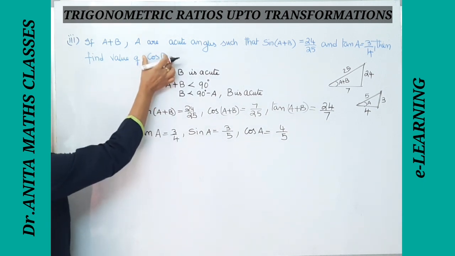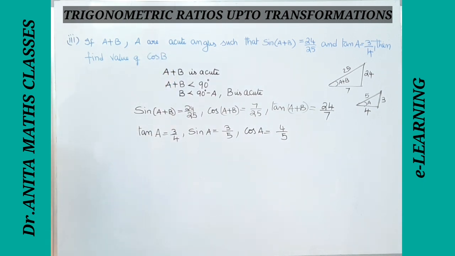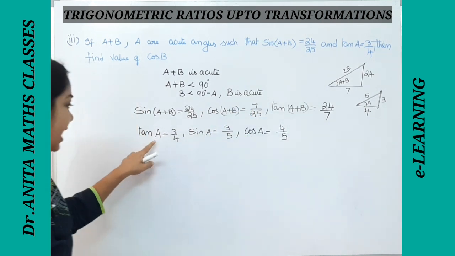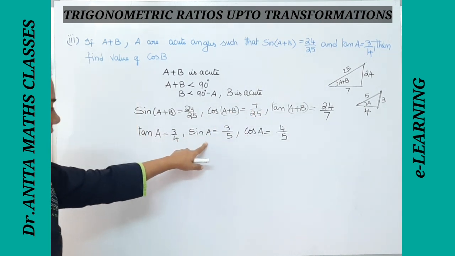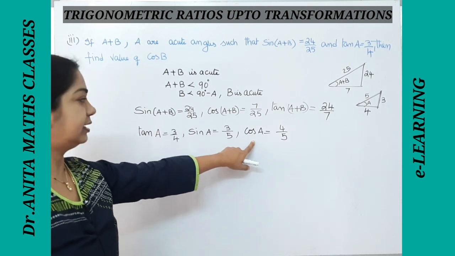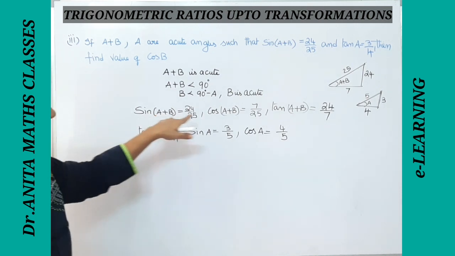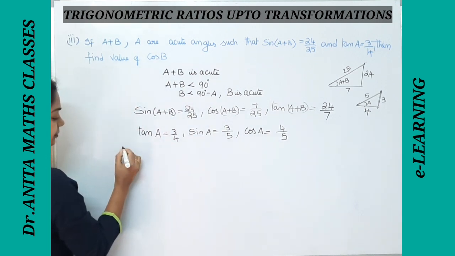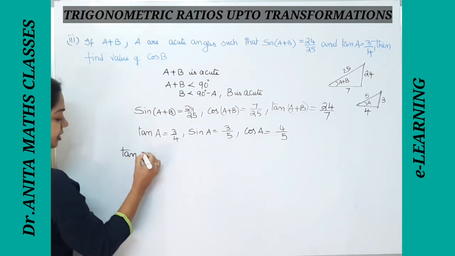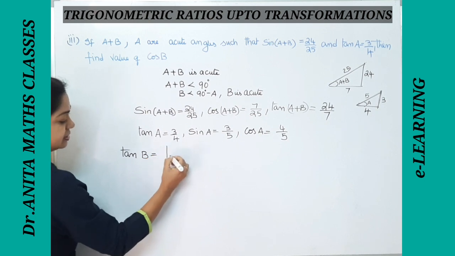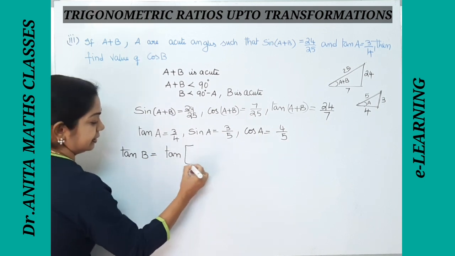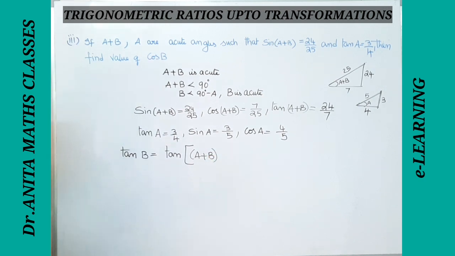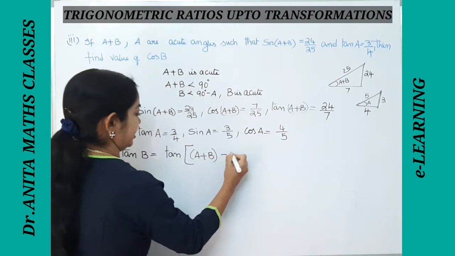Now we will find the value of cos B. To find it, let us expand here. We got tan A, sin A, cos A, and we also got sin(A plus B) and cos(A plus B). Now I want tan B, let me suppose. I can write it as tan((A plus B) minus A).